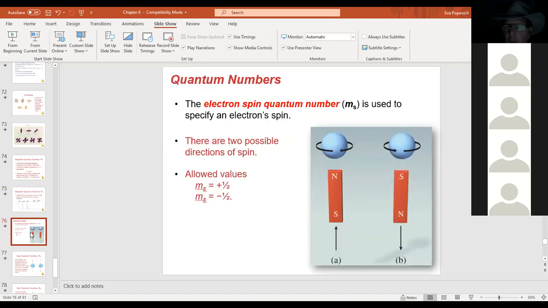The fourth one's the easy one. Basically, electrons have spin, and there are 2 possible directions of spin. You can go clockwise, you can go counterclockwise. So the allowed values are plus a half or minus a half.